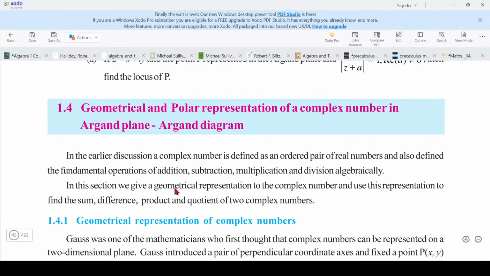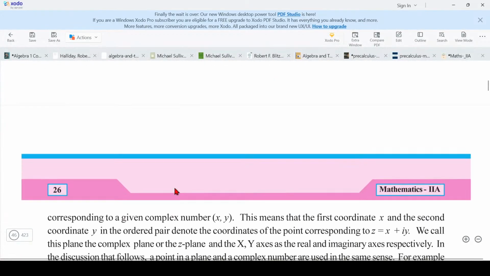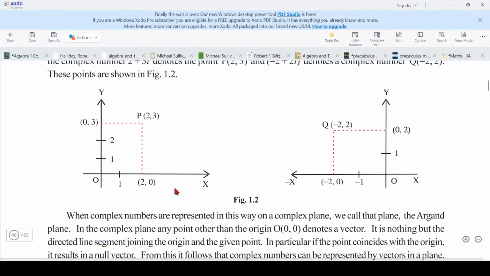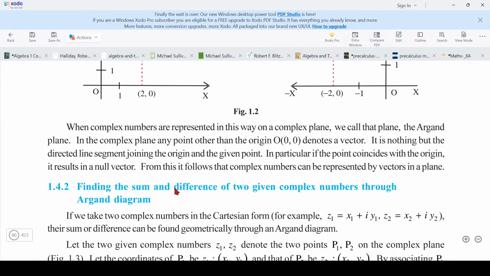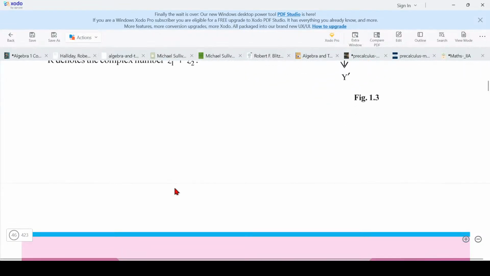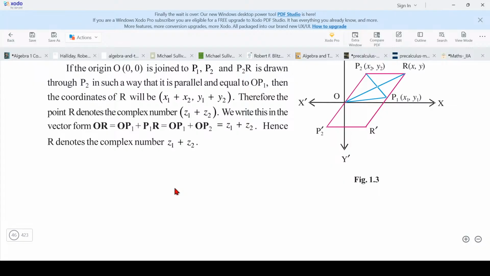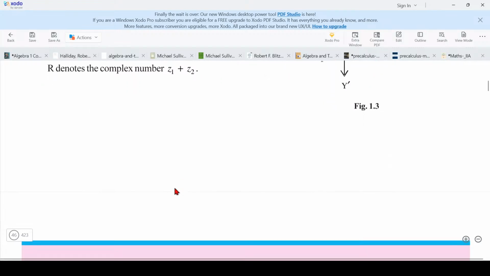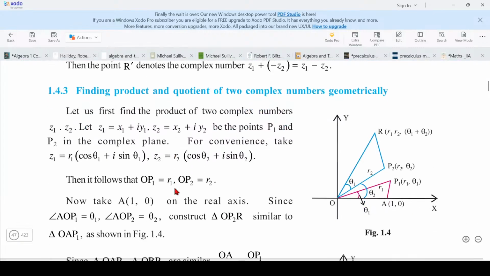Okay. Now, we understood what is geometric representation, what is polar representation, etc. We basically know what exactly polar representation is, right? And earlier we discussed that addition of complex numbers is like addition of vectors, right? You remember that, no? Yes, sir.